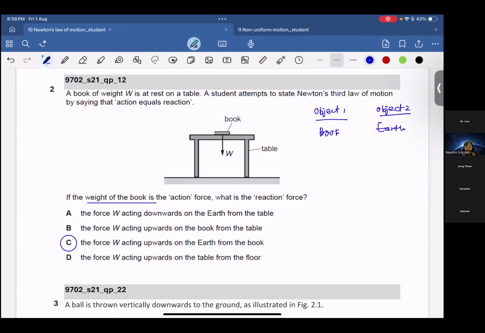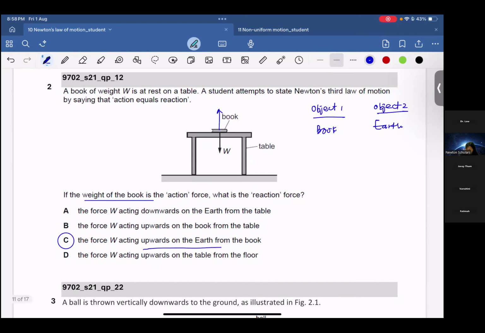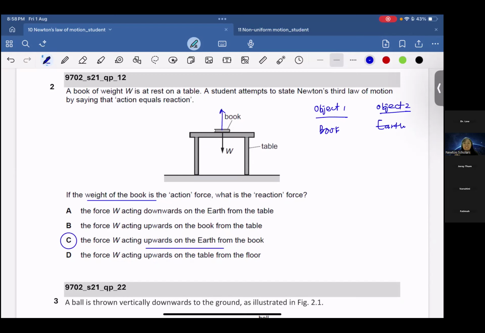Now the book is acting with an upward force on the earth. So the answer is C. Weight is acting on the book. The earth is acting on the book. So now it's on the earth due to the book.